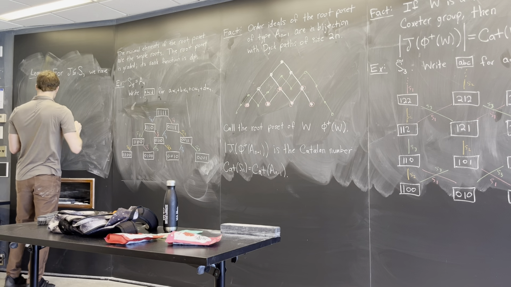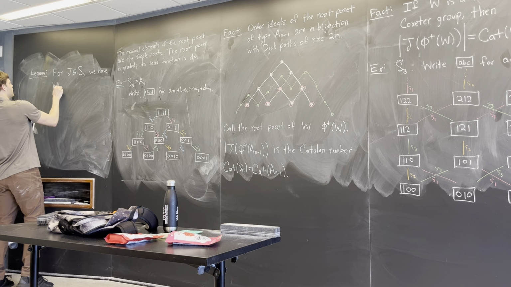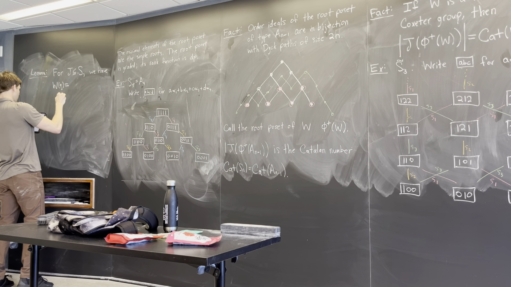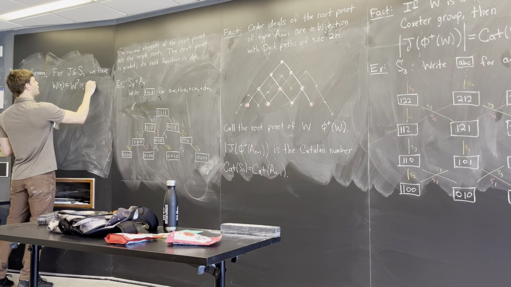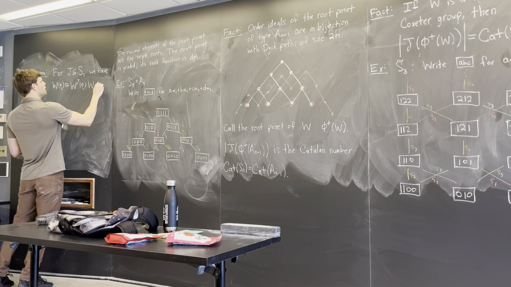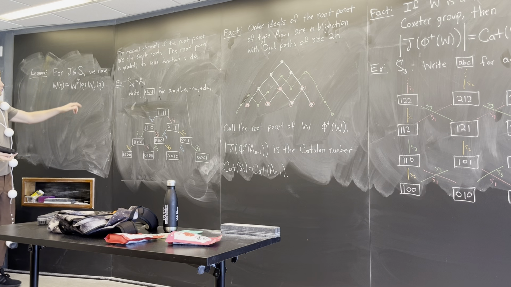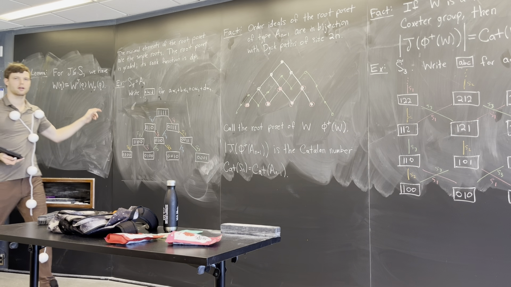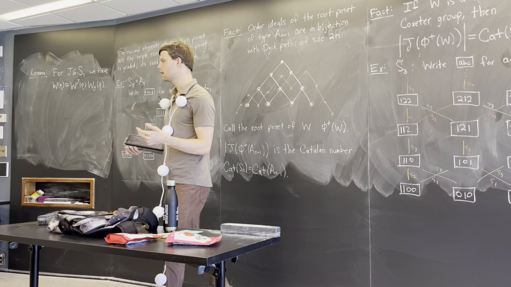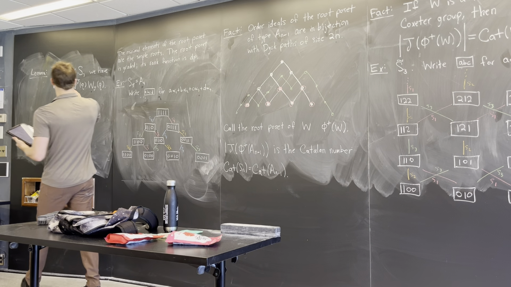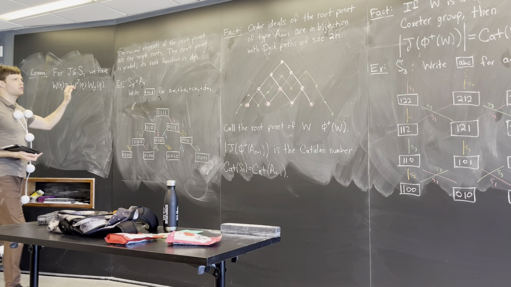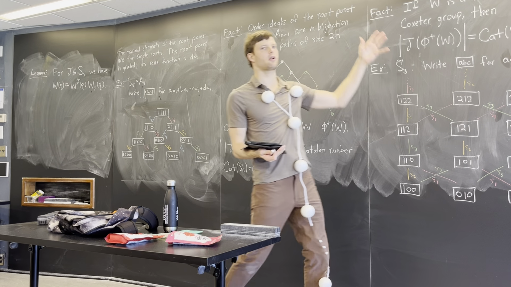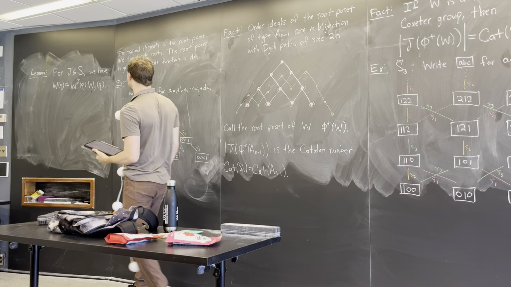Then we can write capital W of Q as W superscript J of Q times W sub J of Q. Where, remember, W sub J is the parabolic subgroup generated by J, and W superscript J is the parabolic quotient corresponding to this parabolic subgroup. Here I'm using the notation from before, where A is just some subset of the group.